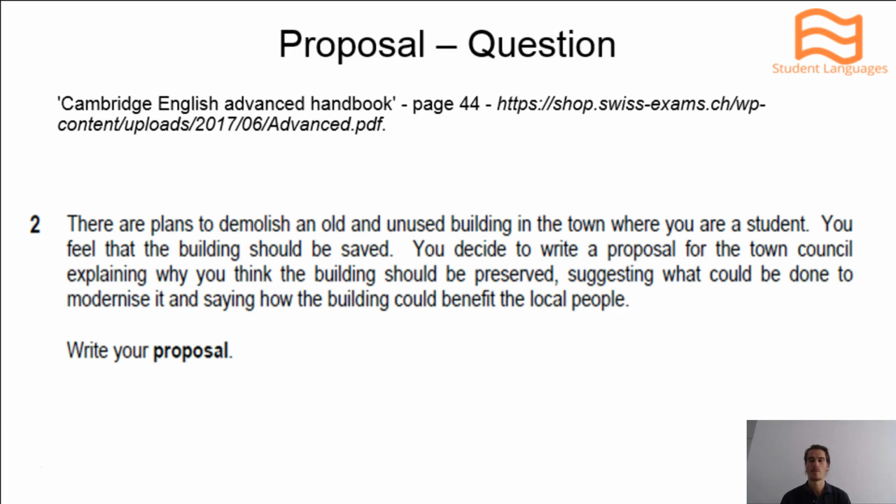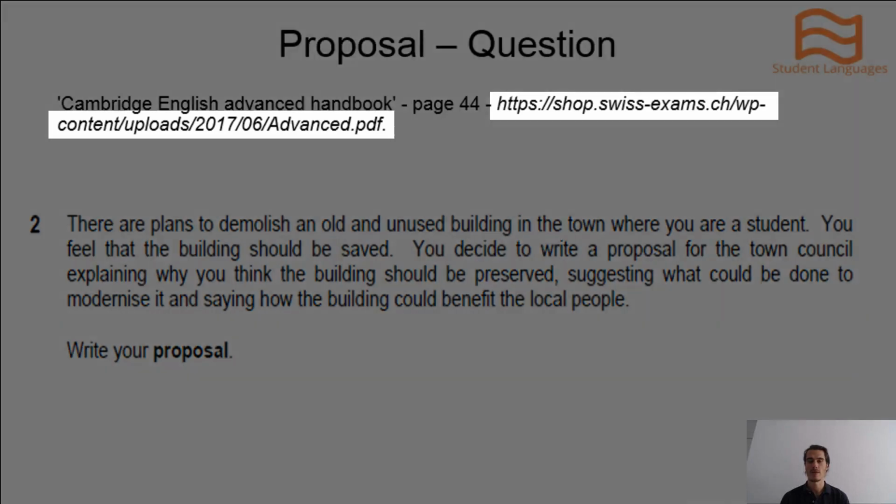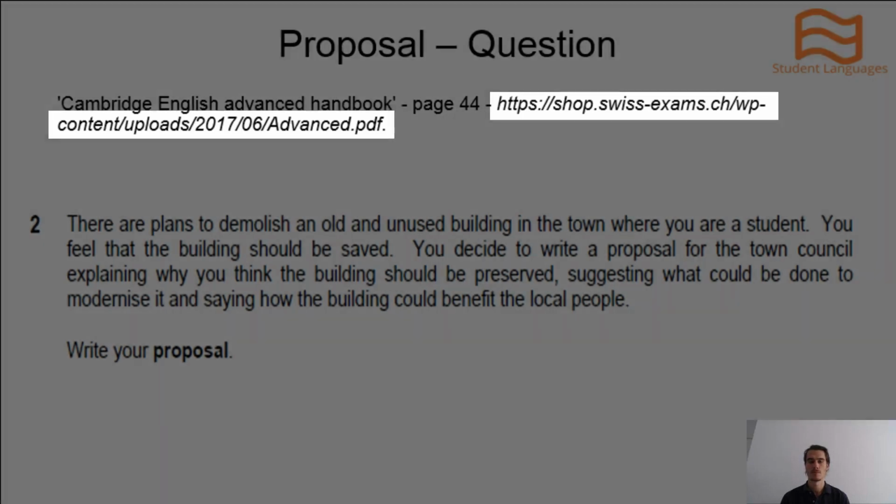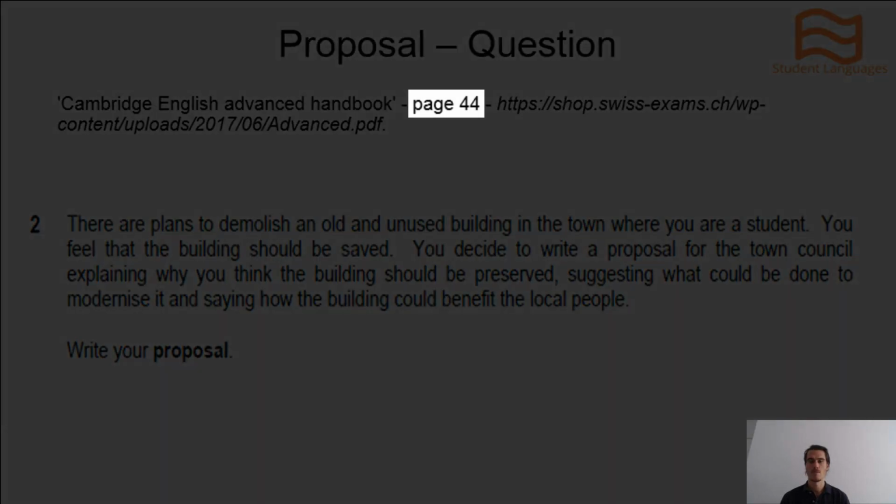So here is an example proposal question. This has come from the Cambridge English Advanced Handbook for Teachers, which you can access if you go to this web page here. And it's on page 44.